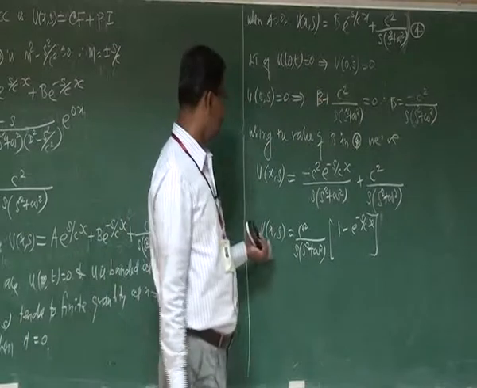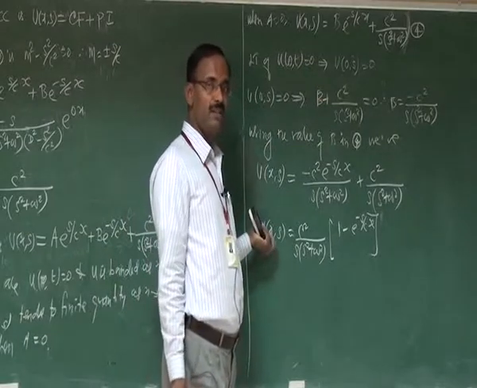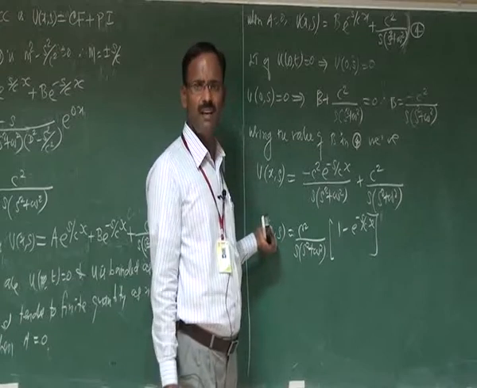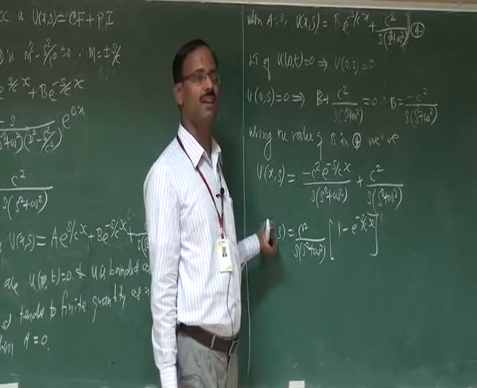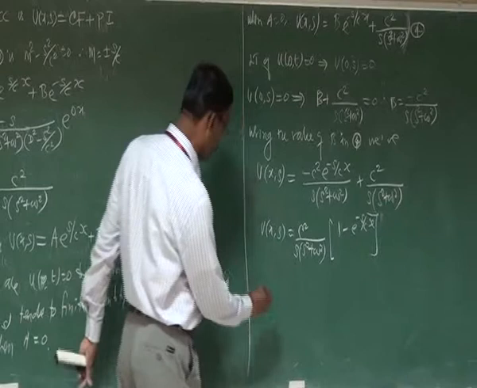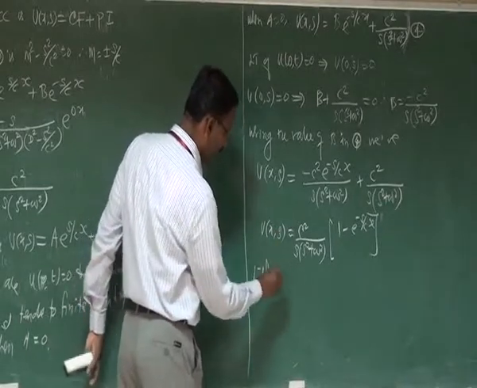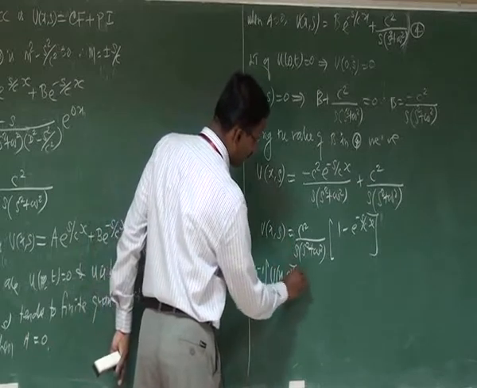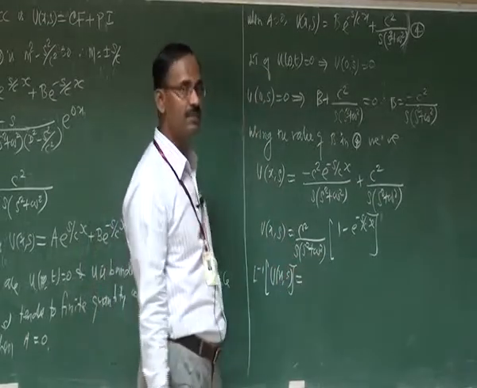But we need to find the displacement of the string at any time t for a given distance x. That means we need to find the inverse Laplace transform of u of s comma x.